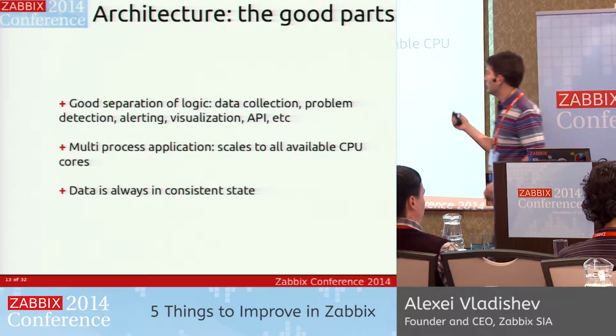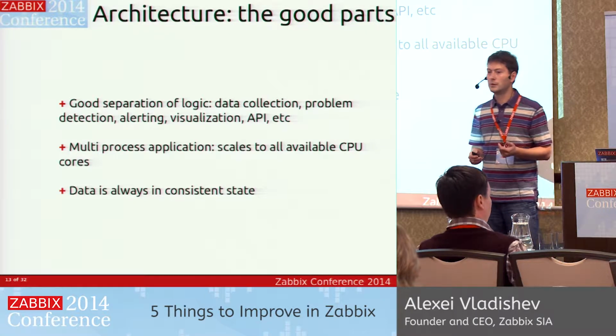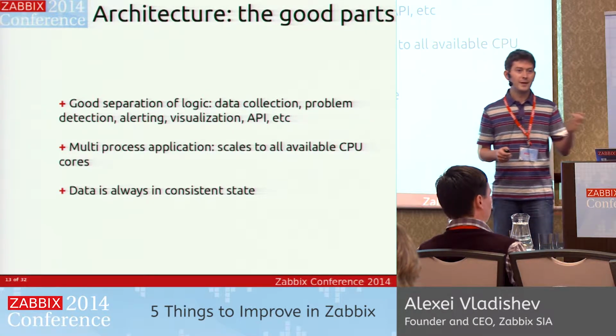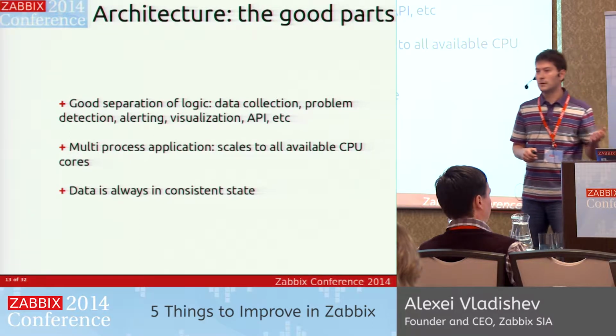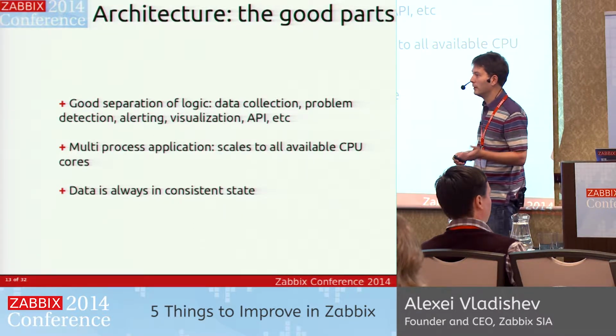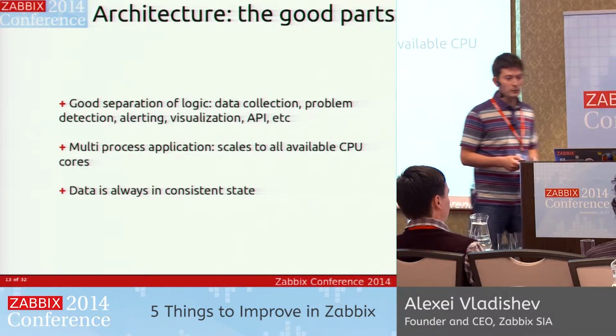Zabbix is also a multi-process application. Zabbix proxy, Zabbix server, and Zabbix agent are multi-process, so they scale well to the number of cores we have. There are some examples of users running 1,000 pollers on the Zabbix server side. That's fine, no problem.